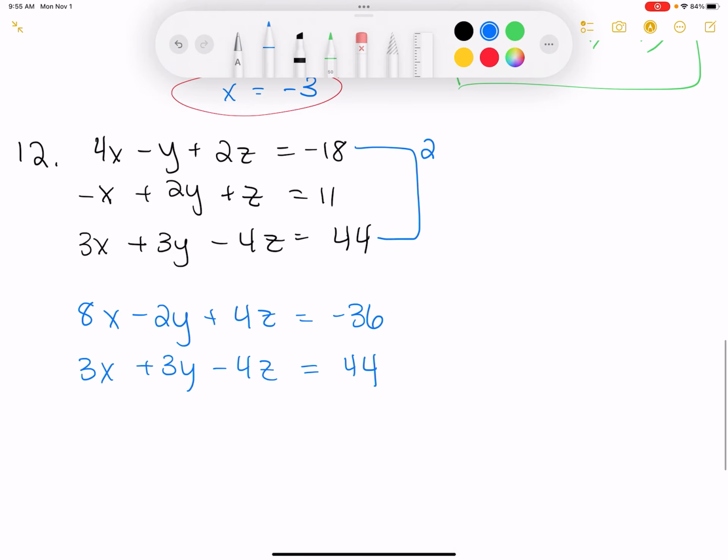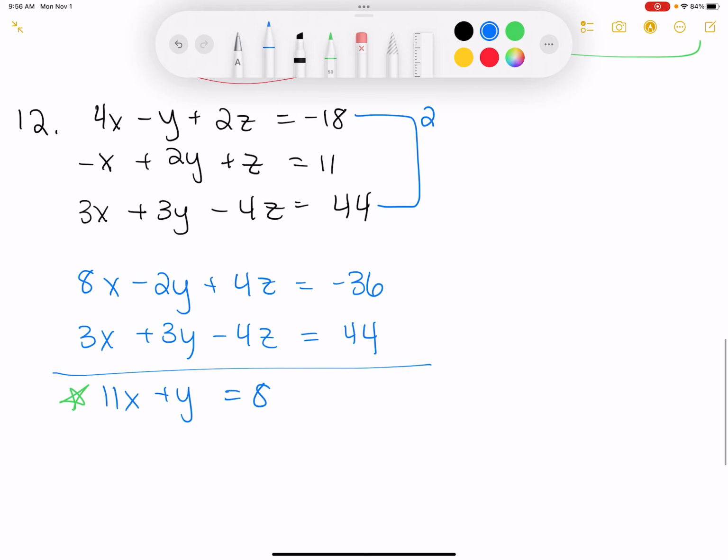Alright, so this new equation, to give me my two equations and two unknowns, is 11x plus y is equal to 8. So that's one equation. So I don't lose it, I'll put a little star by it. And then what other equations do you want me to use? The middle and bottom. And what do I need to multiply by?